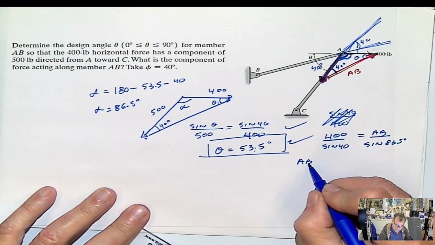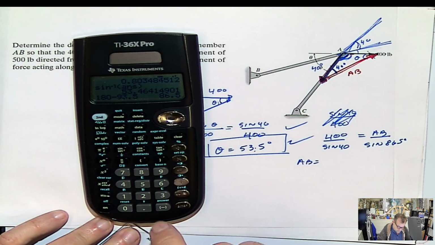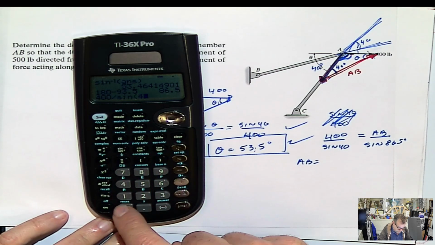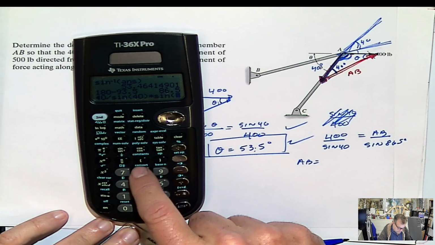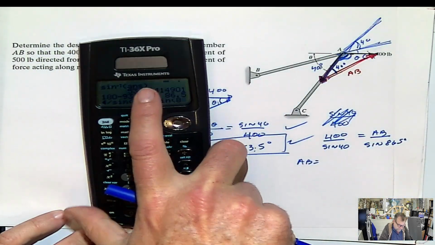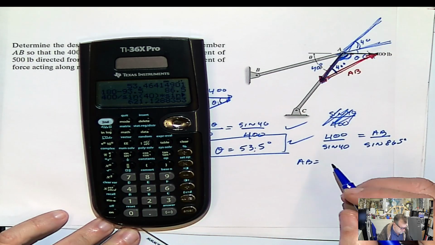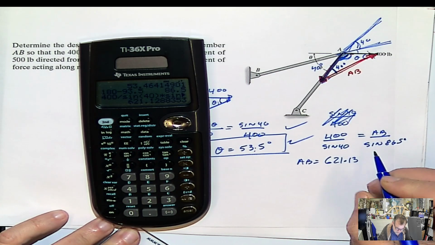So from here you can solve for the component AB, which is going to be 400 divided by sine of 40 multiplied by sine of 86.5, and that would be 621.13 pounds.